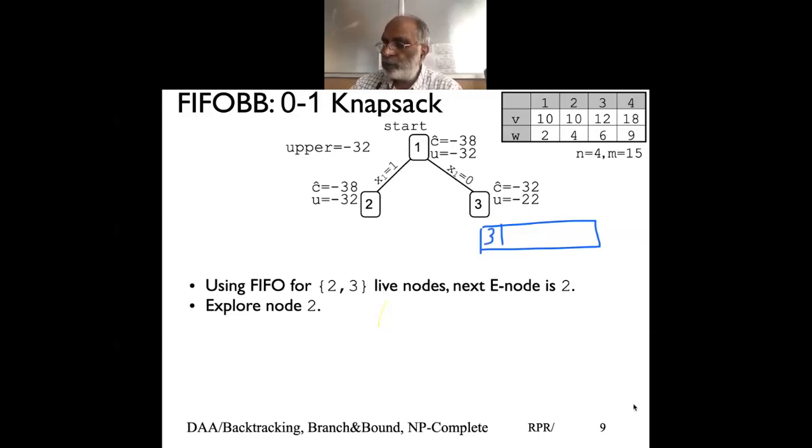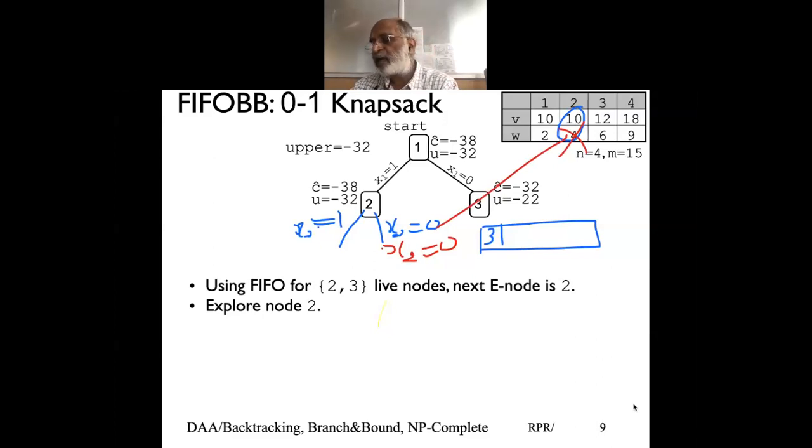Now I look at either I include x2 equal to 1, or x2 equal to 0, meaning I exclude the second item, and compute again both c hat x and ux.